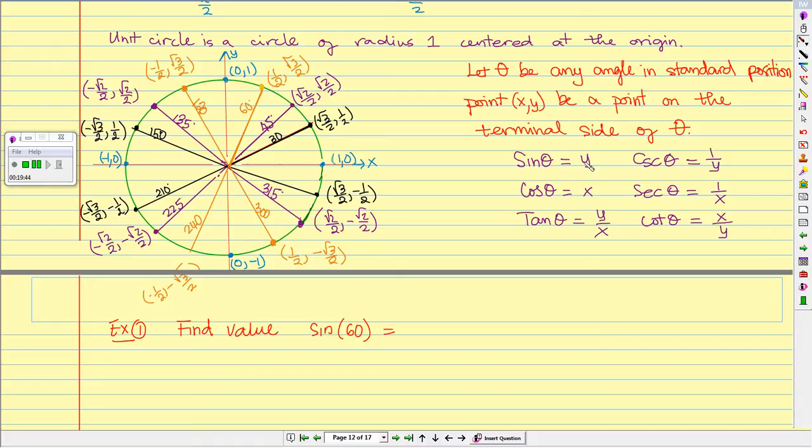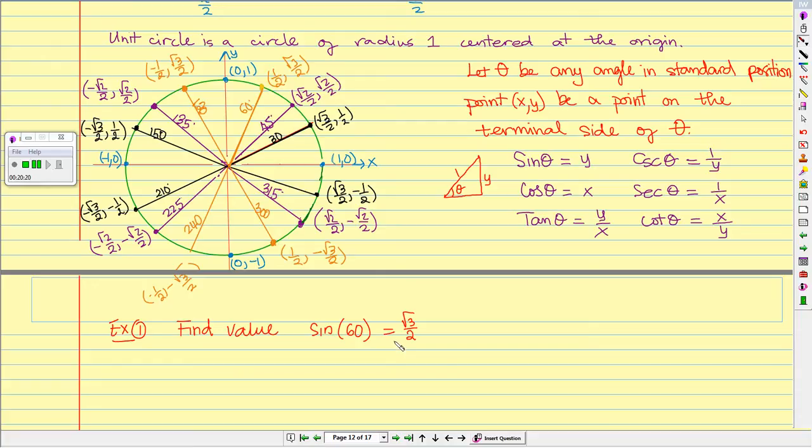At 60 degrees you see the point 1/2, square root of 3 over 2. Now based on the definition, sine is y, because thinking about this as the right triangle, the hypotenuse is 1. So sine is opposite divided by hypotenuse, so y divided by 1 is just y. So sine is just y, and in this case my y is square root of 3 over 2. That's it.